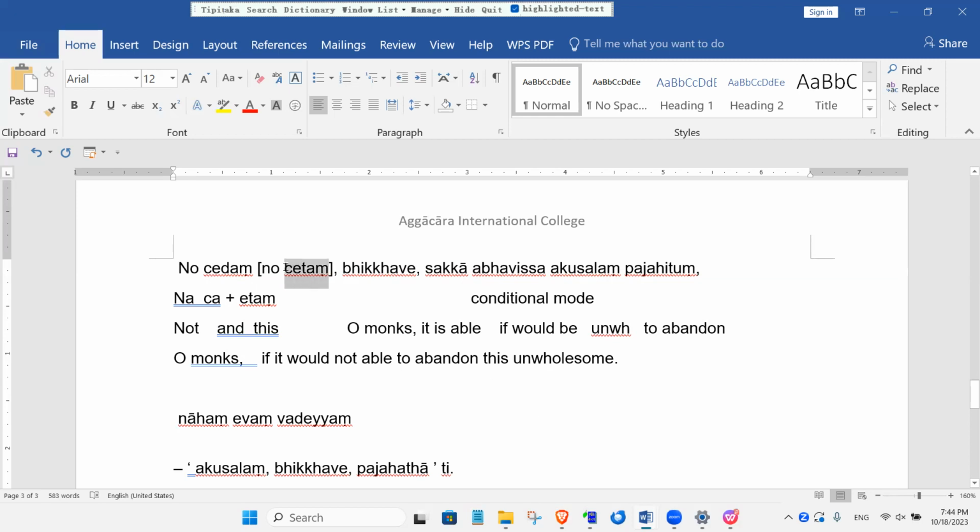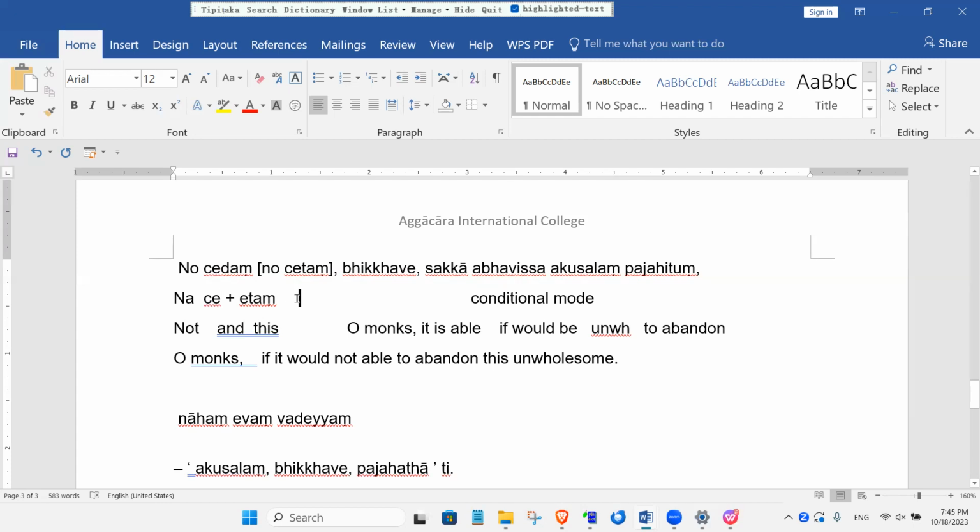Now, if you want to put the "ce", "ce idam" plus "idang", also can. I'm looking at the "cedam", this one: "ce" plus "idang".